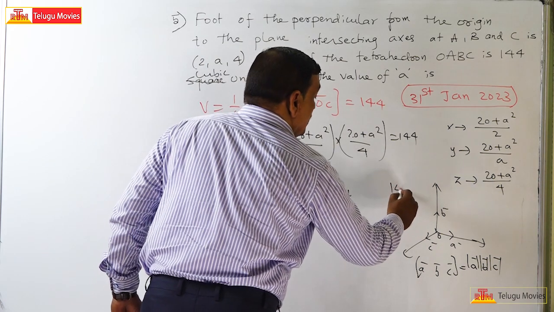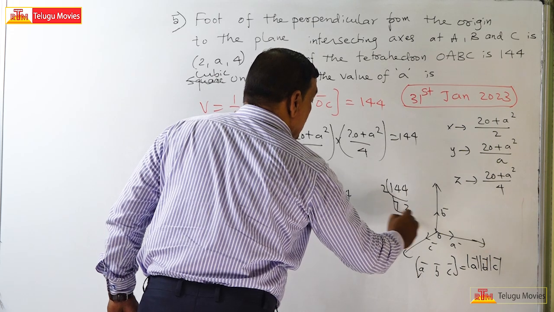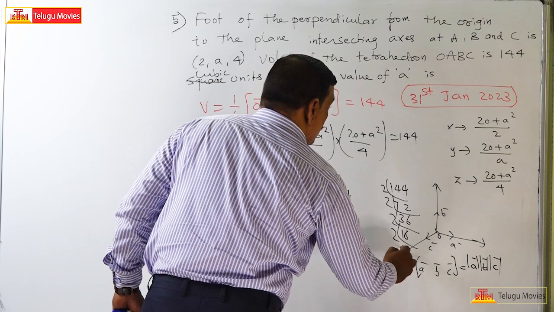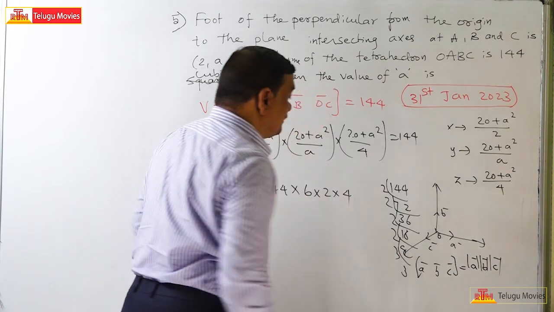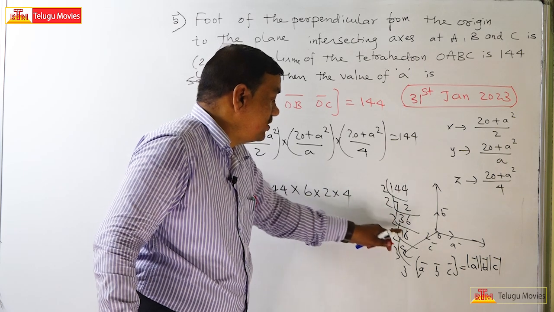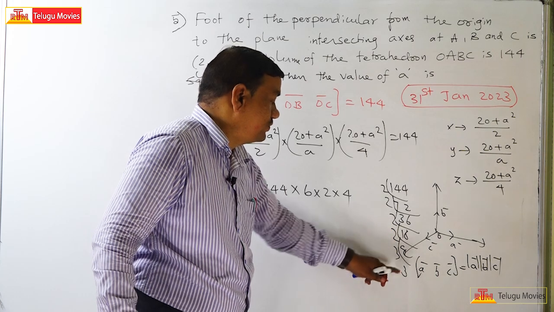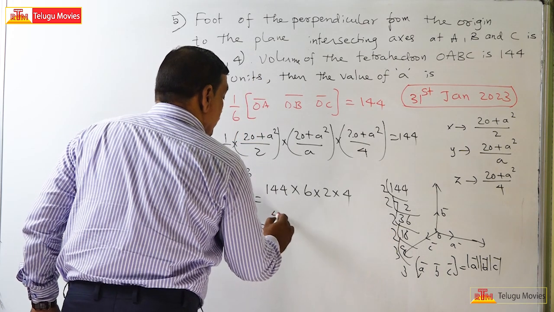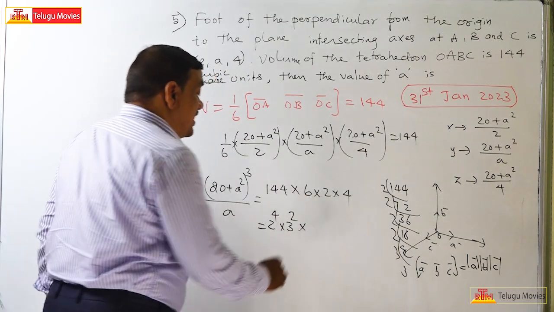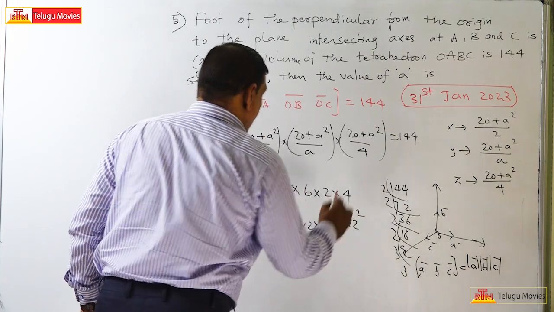So for 144, first write down the prime factors: 2 into 72, 2 into 36, 2 into 18, 2 into 9, 3 into 3, 1. So this is equal to, here 6 is there, and 6 I can write as 2 into 3 into 2 into, here it is 2 square.